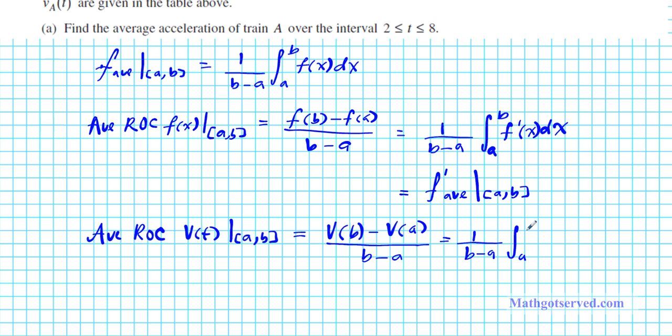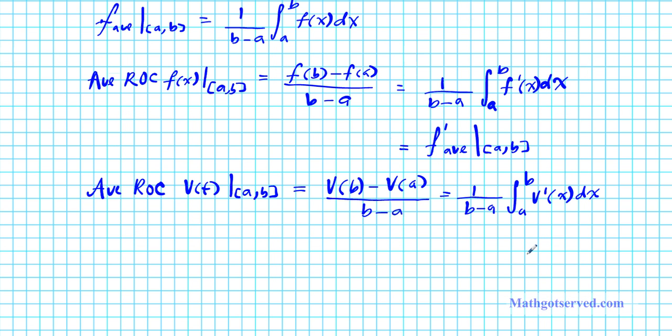a to b of the derivative of v, v prime of x dx. But what is the derivative of velocity? The derivative of velocity is acceleration, so it's 1 over b minus a times the integral from a to b of a(x) dx. Take a moment and look at this formula closely.